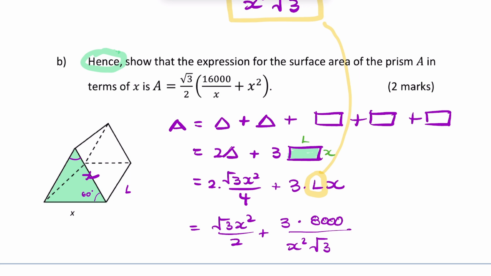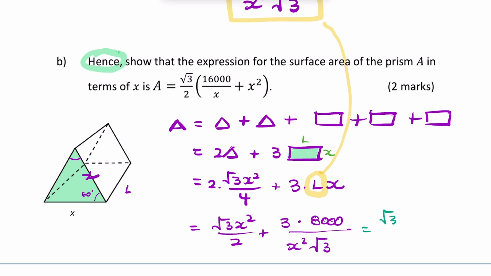Again, we don't want to leave it like that because they are asking us to show that it looks like that. So let's try to rationalize the denominator. 3 divided by root 3 is root 3, and then we can take root 3 over 2 as a common factor.